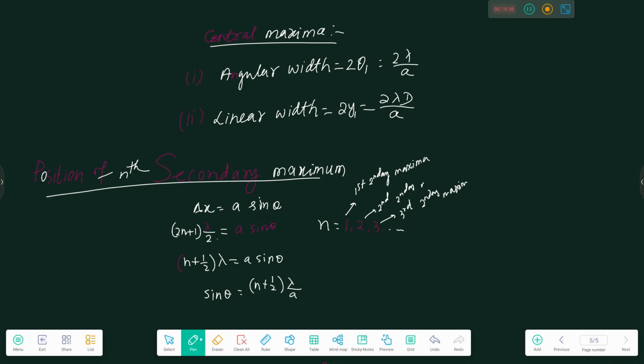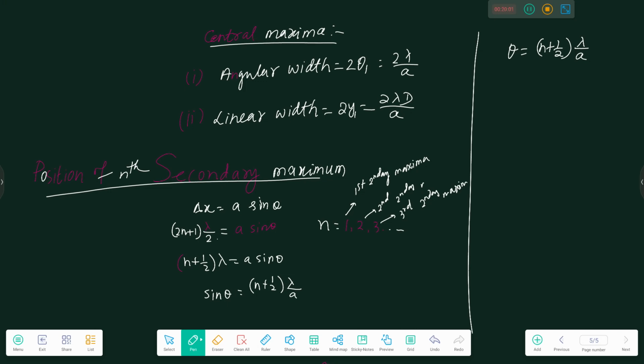Now after getting sin theta, for theta very small, sin theta will be theta, then it will be n plus 1 by 2 into lambda by A. See, n minus 1 by 2 I gave for Young's double slit experiment, for dark fringe. Yesterday I gave that. But this is for this one.